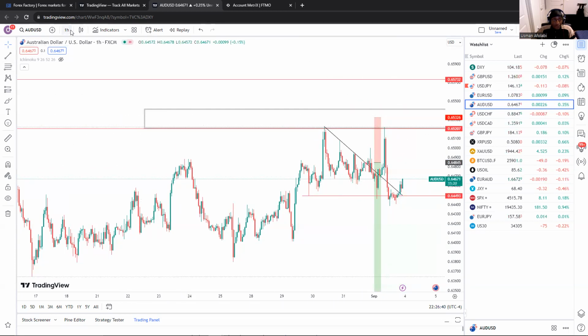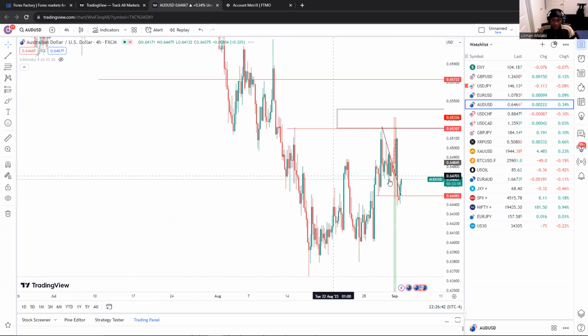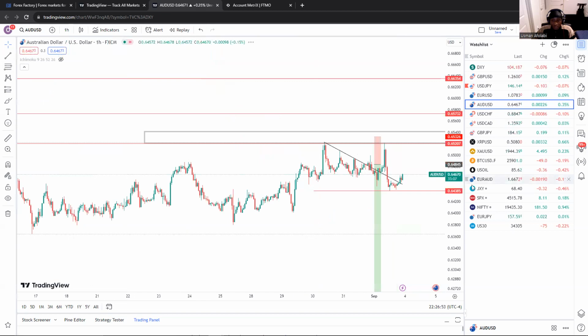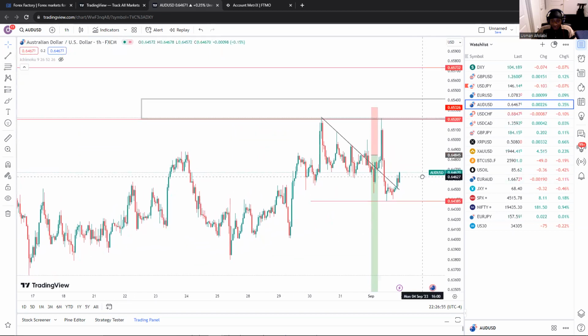In AUD USD, I'm not really looking to take trades yet. I'm more so looking for me to continue to add on to my trades. I'd be looking for something like a break and retest off of this level.